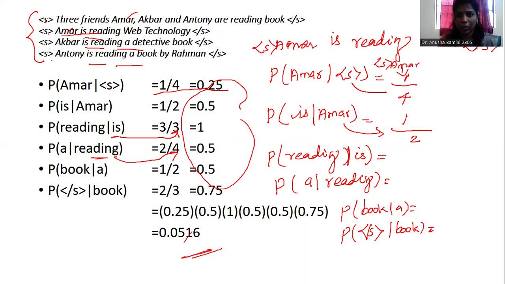So the probability of "Amar is reading a book" is 0.056516. Okay, this is the way to find the next words. This is how the next word suggestions are given to you in Google as well as in WhatsApp and normal text messages.